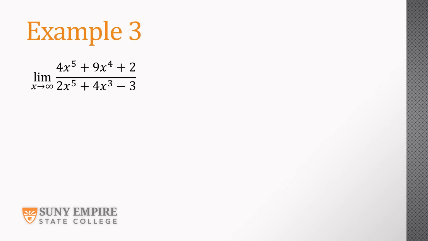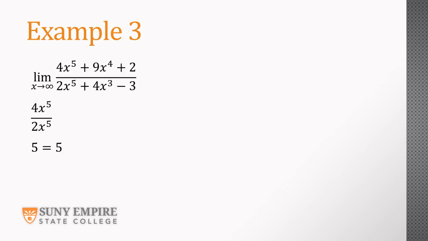And if we want the limit as x approaches infinity of the quantity 4x to the 5th plus 9x to the 4th plus 2 divided by the quantity 2x to the 5th minus 4x to the 3rd minus 3, when we look at the leading terms, we have 4x to the 5th power over 2x to the 5th power.